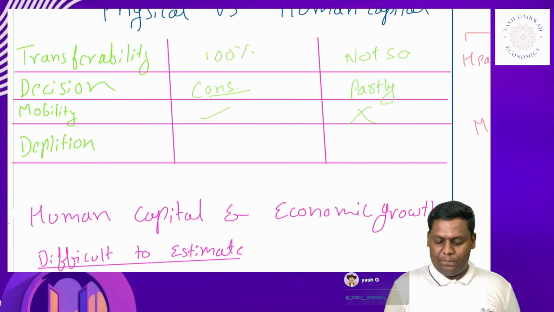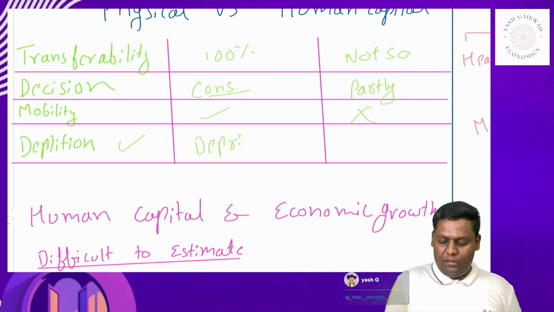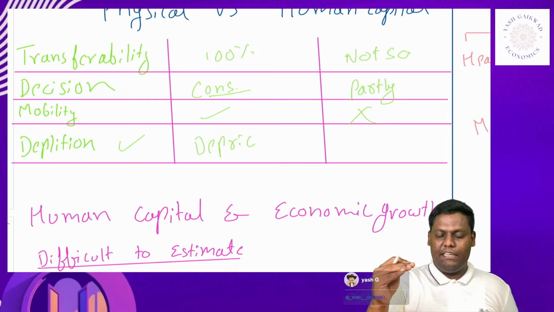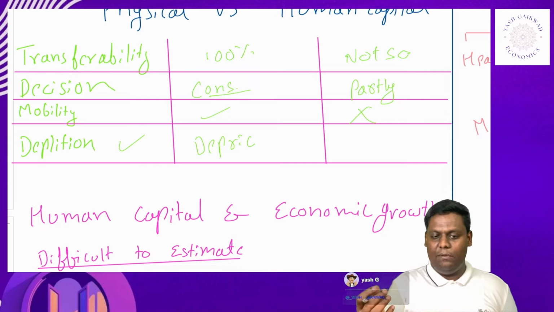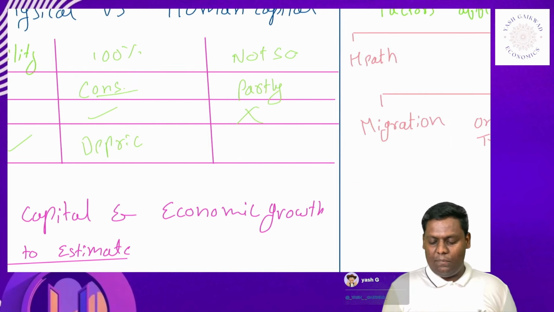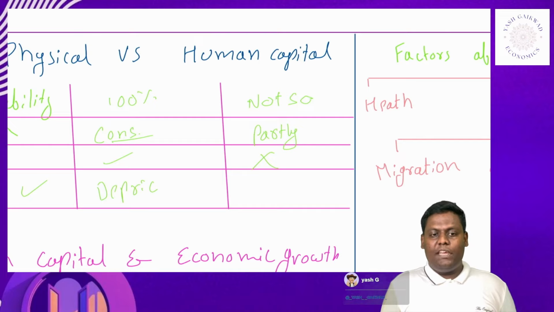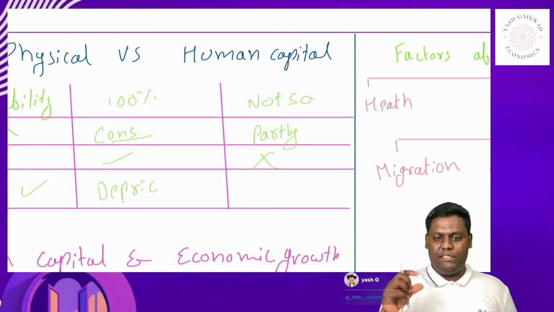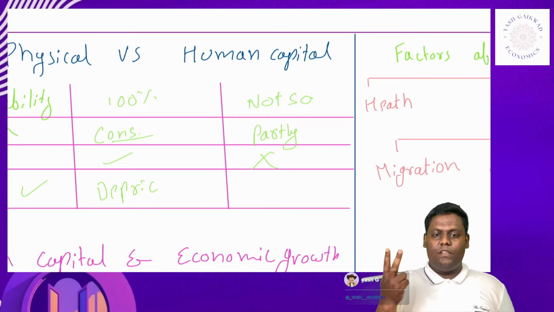And depletion. Physical capital gets depreciated. That is, the overall value of a physical asset declines over a period of time due to various factors such as technological upgradation, and it cannot be slowed down. Whereas human capital also depreciates with time, but the difference is that the process can be slowed down with two improvements.